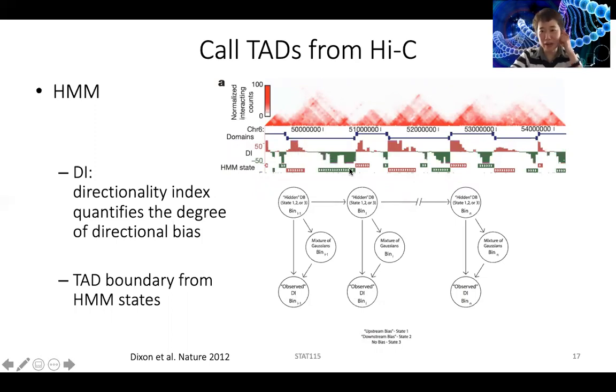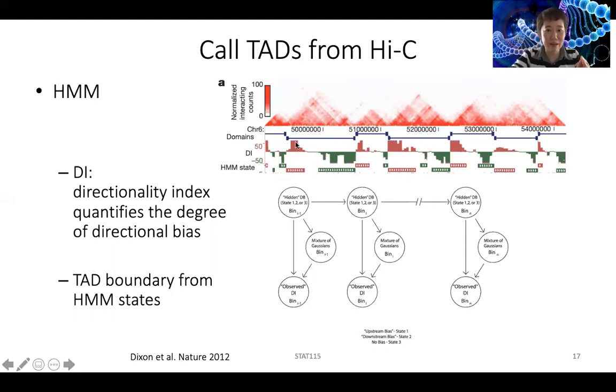The fair coin or biased coin are different hidden states. So we are trying to say this region you have mostly red, and another region you have mostly green. In this case, red means if you look at the directional index, they are mostly positive, meaning that this bin, this 40 kb bin, is mostly interacting with things after it.